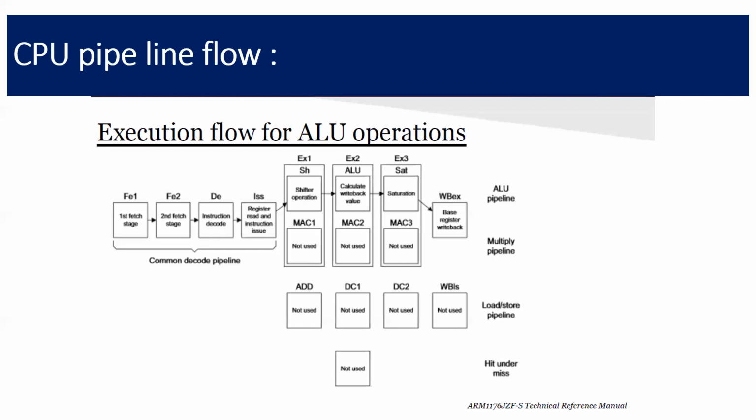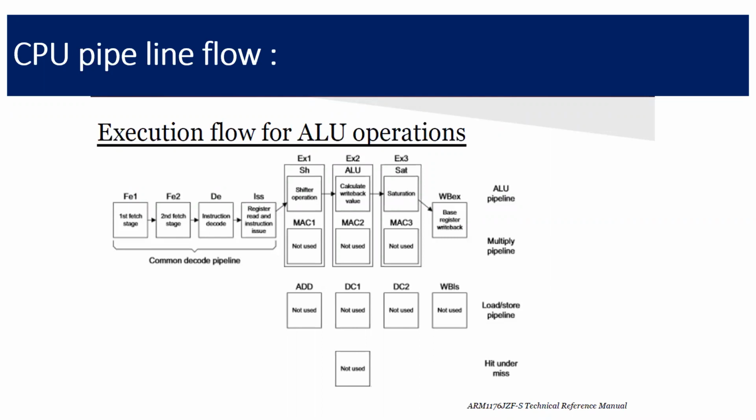What you have to remember is that 8 stages are there, and 2 fetch stages are there. They are going to fetch 4 instructions in advance. So first fetch stage, second fetch stage, then the instruction decode stage, then the register read and instruction issue stage. For shift operations, the shifter stage is there, then the main ALU stage, which performs the arithmetic and logical operations, and thereafter the saturation stage.